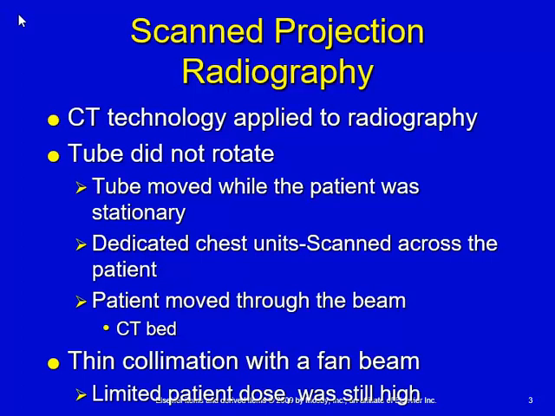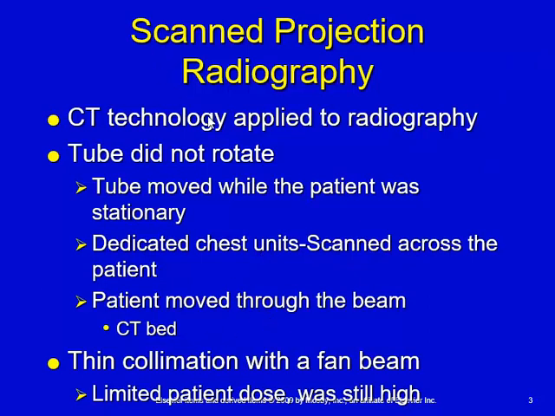So the beam would scan across the patient from side to side or from top to bottom, moving as the post-patient collimation and the image receptor moved along with it. So it was scan projection radiography. They were used on dedicated chest units.